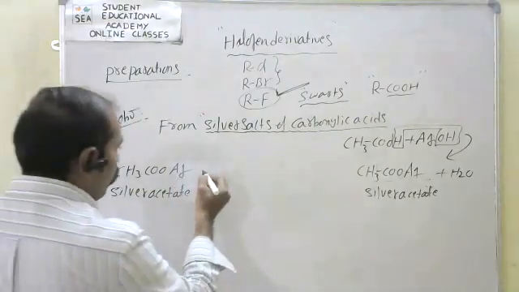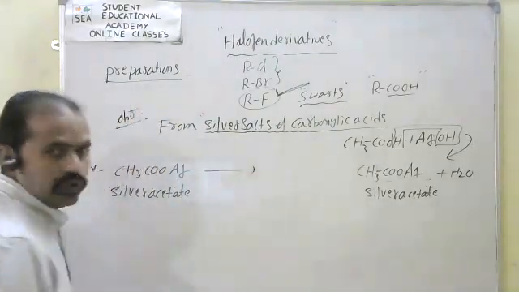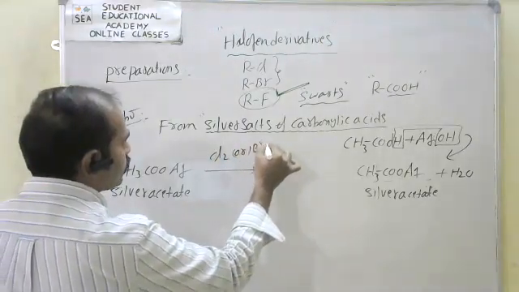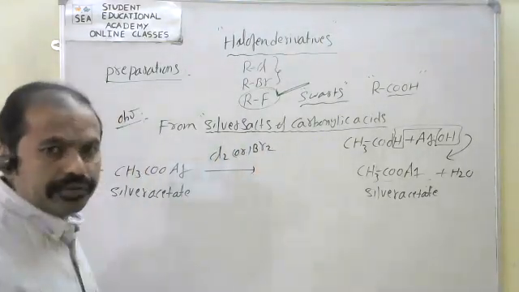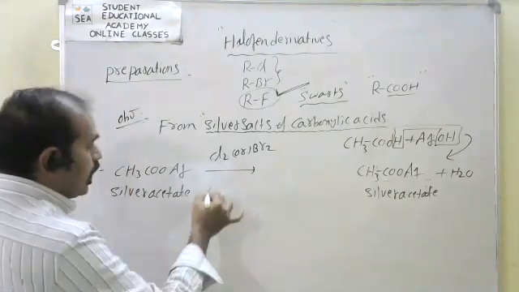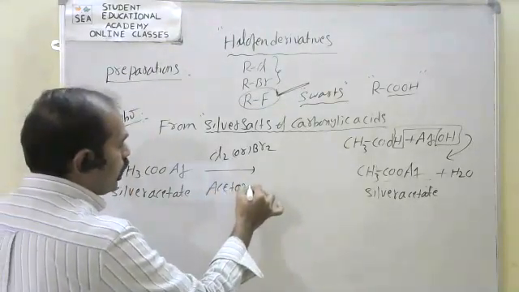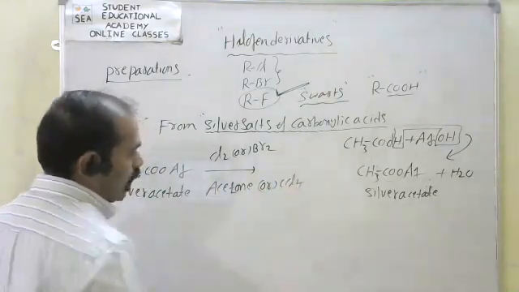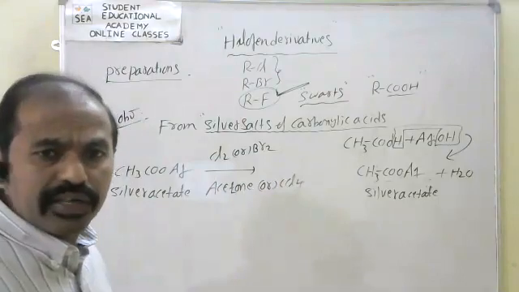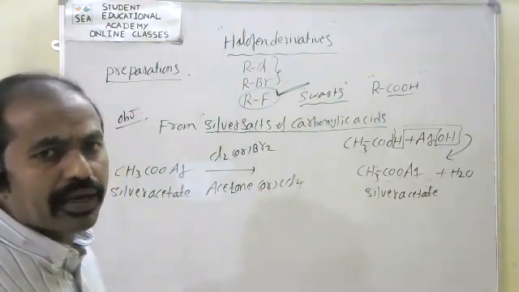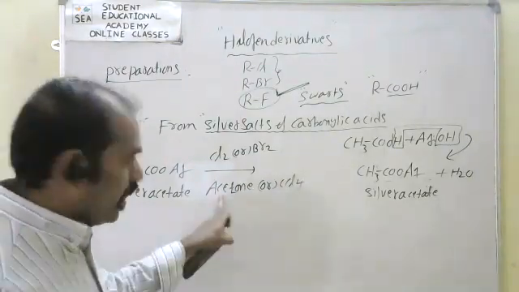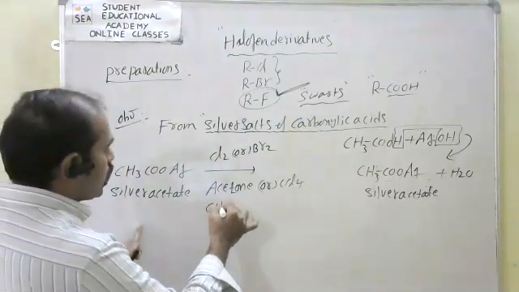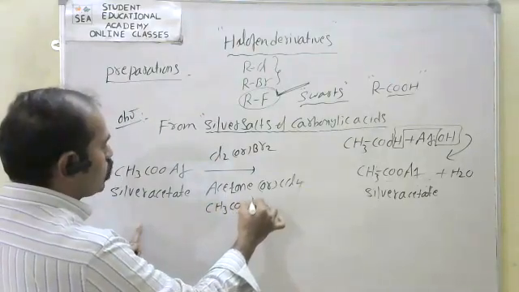When it reacts with a halogen like chlorine or bromine, generally the reaction takes place in the presence of acetone or carbon tetrachloride solvent. Solvent means it is a medium. Indirectly, it is like a catalyst. Acetone is nothing but propanone, also referred to as CH3COCH3.